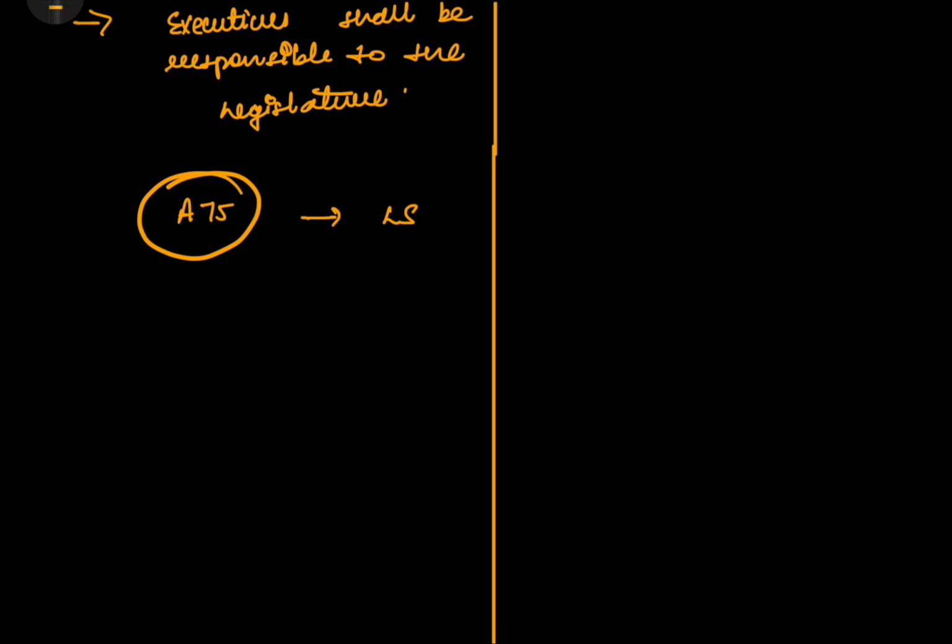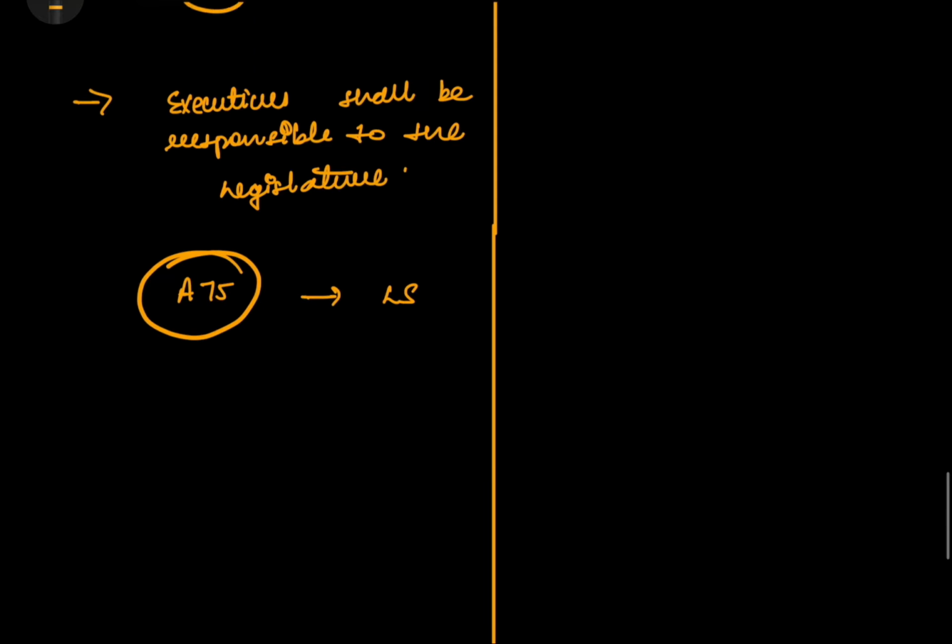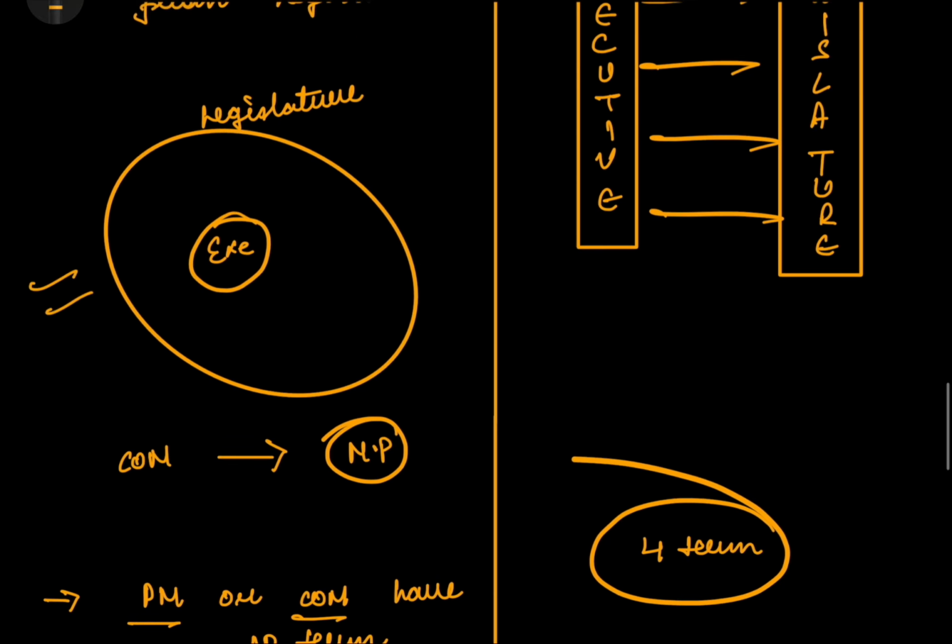Why are the Council of Ministers responsible to the Lok Sabha? The answer is, as they are born in the legislature. जैसे मैंने यहाँ पे एक डायग्राम के थ्रू शो भी किया है. Executives are born in the legislature, so they are answerable, accountable, or responsible to the legislature.